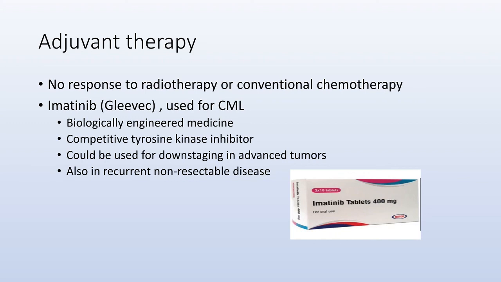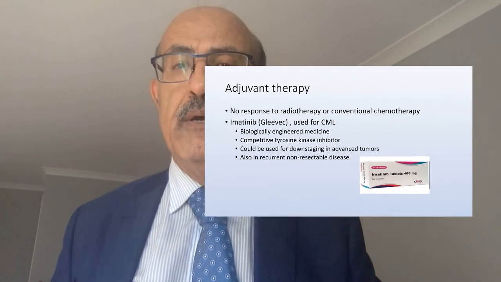Also, it's beneficial and prolongs survival in patients who develop recurrent disease, particularly those who have non-resectable disease. By non-resectable disease, I mean if they have metastases that have gone to a variety of organs, particularly if there are multiple metastases or more than a single organ. But if it is a single lesion in the liver, which is an unusual scenario, then we can resect that.